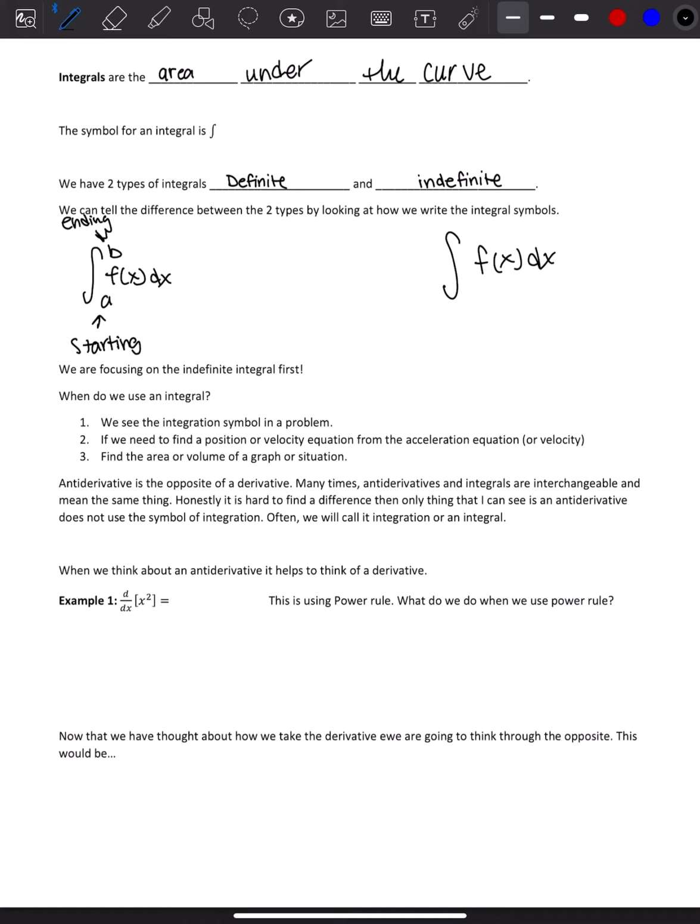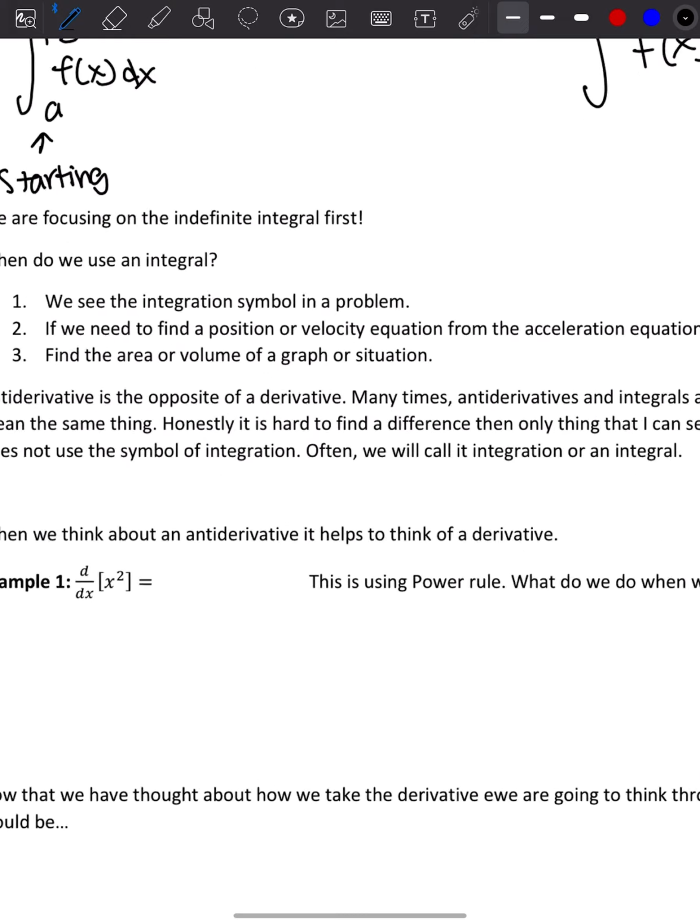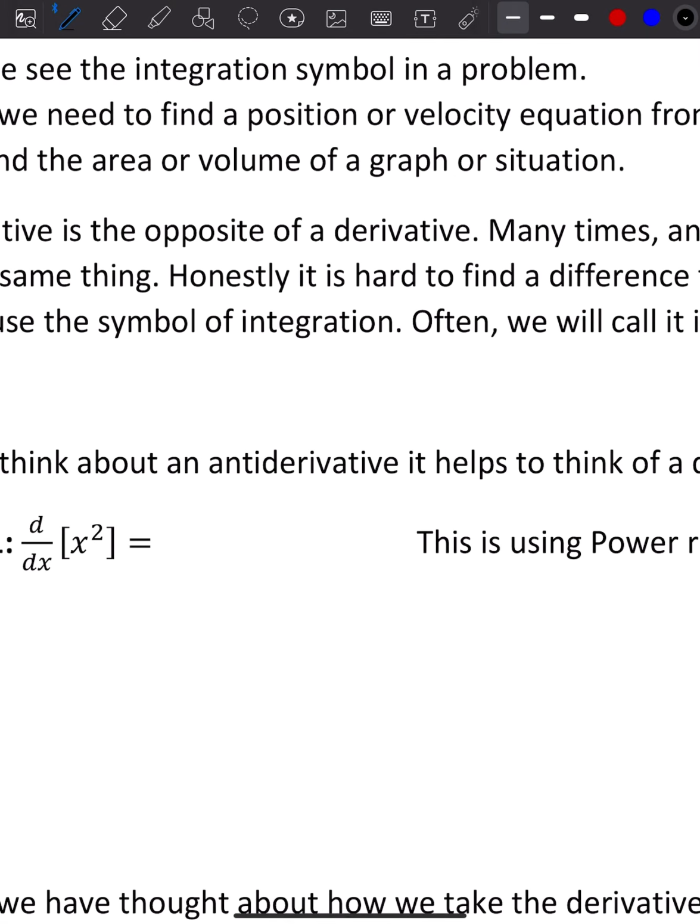Antiderivatives are the opposite of derivatives. They are kind of interchangeable. The biggest difference is just how we write it. So when we write an integral, we use our integration symbol. When we say take the antiderivative, we don't necessarily have a symbol for antiderivative. So when we think about antiderivatives, we want to think about derivatives to kind of work our way the other way around.